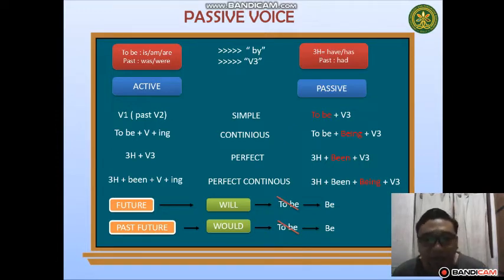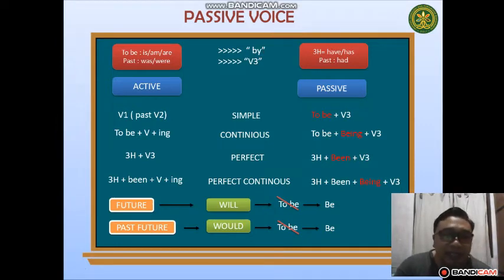In passive voice, you really need to know about the tenses. So about the simple, the continuous, the perfect, and also the perfect continuous. Passive voice includes to be and also verb 3, and also by.